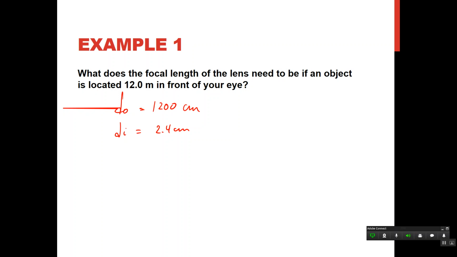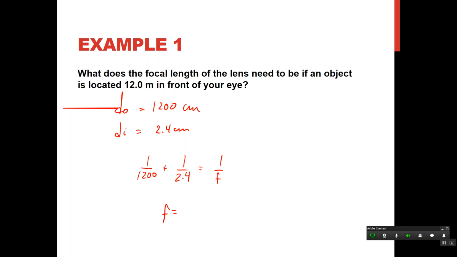So 1 over 1,200 plus 1 over 2.4 is equal to 1 over f. And so f is going to be equal to, what did you guys get? 2.4, kind of what we were expecting.